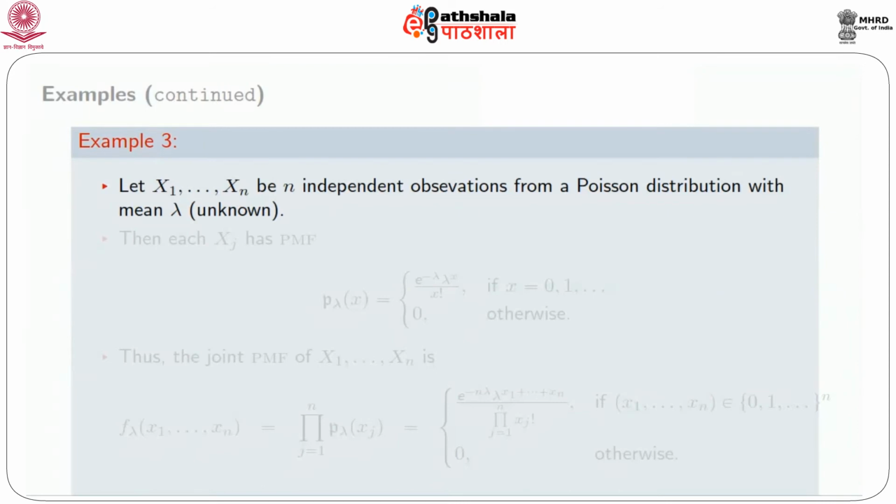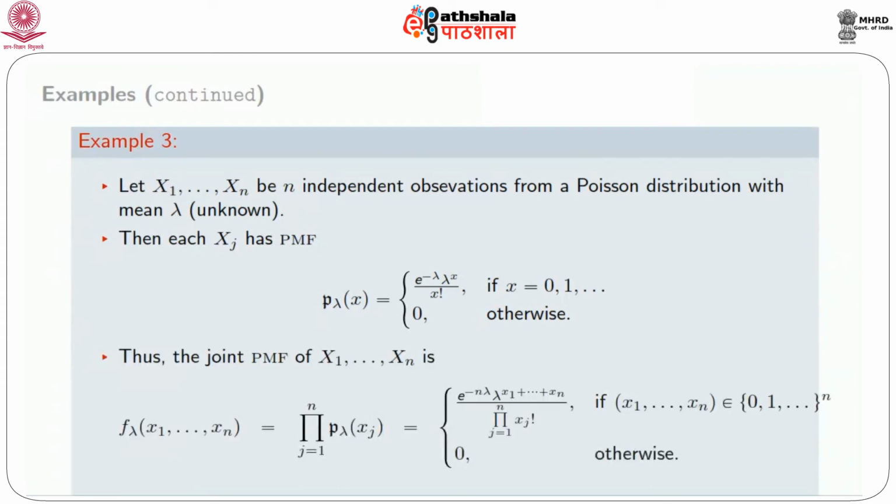Next we consider an example where x1, x2, ..., xn are independent observations from a Poisson distribution with mean lambda, where lambda is unknown. Then each xj has PMF e to the power minus lambda into lambda to the power x by x factorial if x equals 0, 1, 2, ..., 0 otherwise.